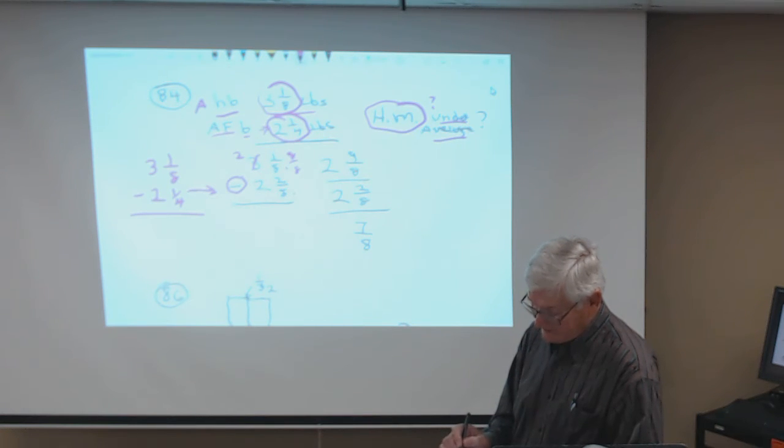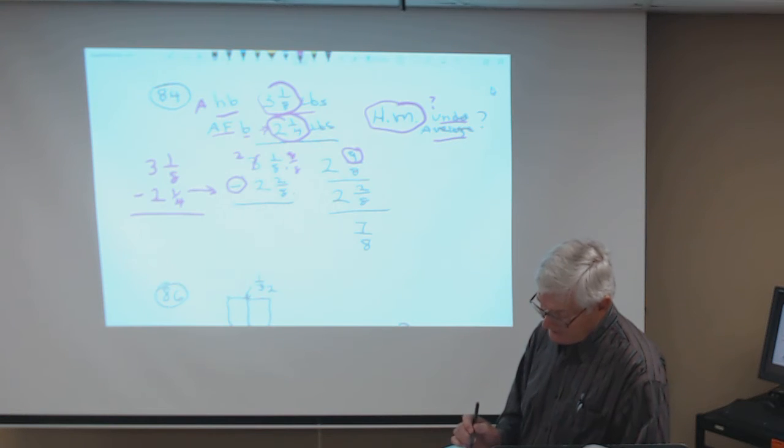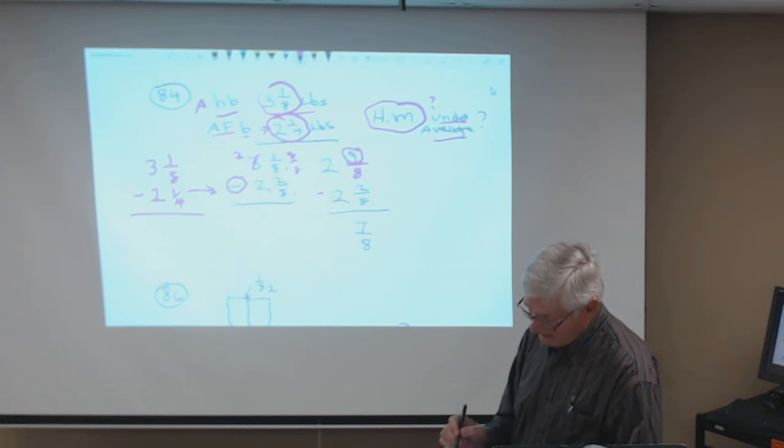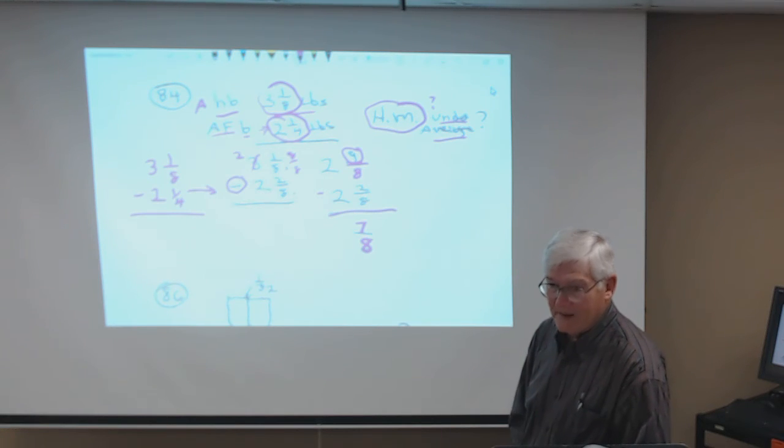That makes 9/8. So now I have 2 9/8 minus 2 2/8. So the answer is 7/8. Everybody follow that?